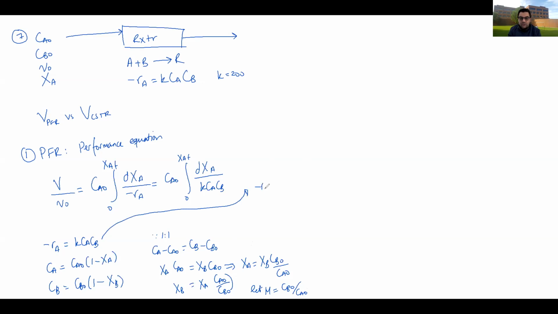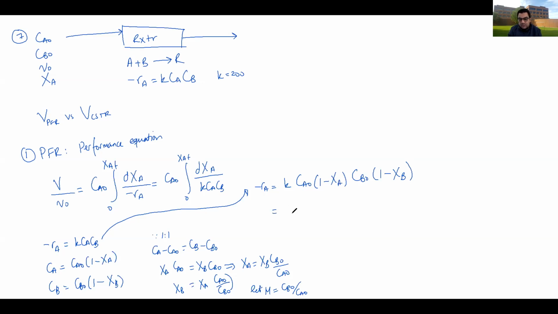So I have minus RA is equal to K. Instead of CA, I'm going to write CA naught 1 minus XA, and instead of CB, I'm going to write CB naught 1 minus XB. I'm going to distribute these into these equations.